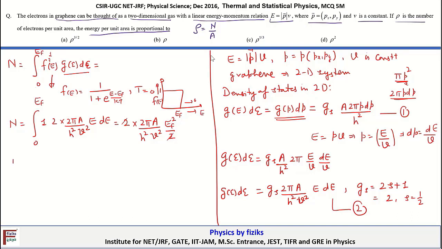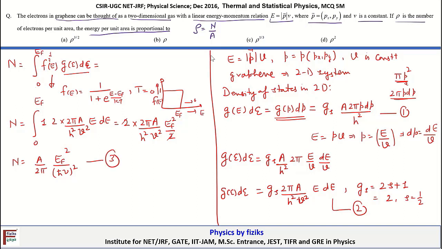Therefore, the number of fermions in the system is equal to A upon 2 pi multiplied by EF square upon h cut square b square. Here I have changed h into h cut, so that's why we are having a factor of 2 pi in the denominator. Okay, let's call this equation 3.